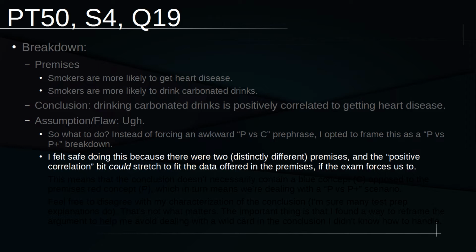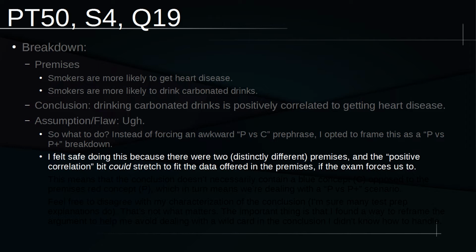So the consequence of moving from the standard P versus C stance towards a P versus P plus stance is that it does always run the risk of ignoring the conclusion when you're not supposed to ignore it in your analysis.